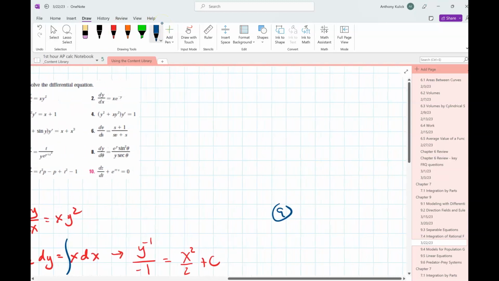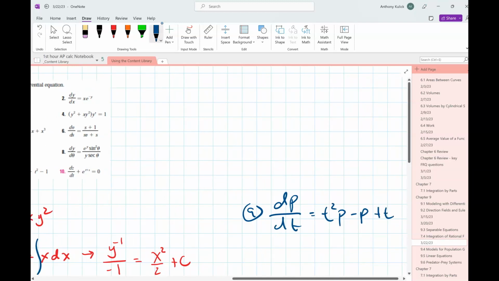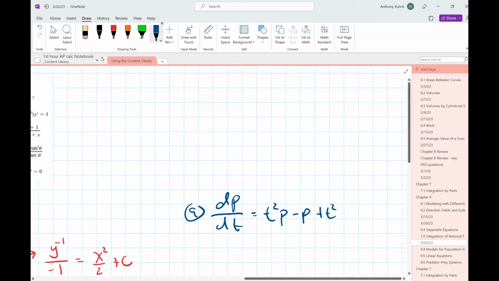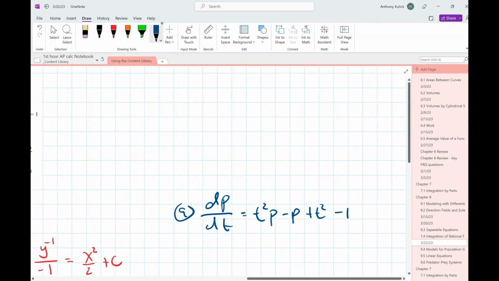So we have dp/dt equals t squared p minus p plus t squared minus 1. Okay? So the trick is going to be separating this. What I'm going to notice here is how many terms do I have in this polynomial on the right-hand side?